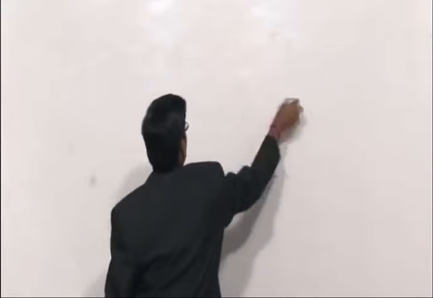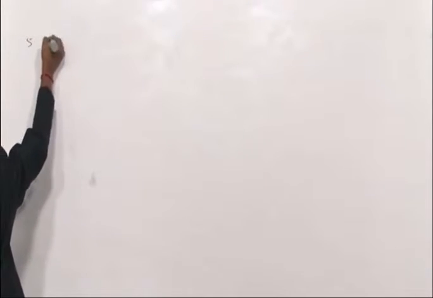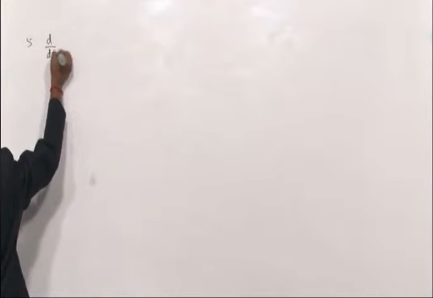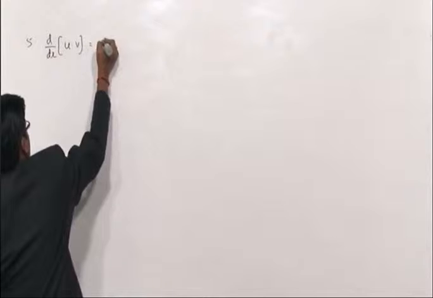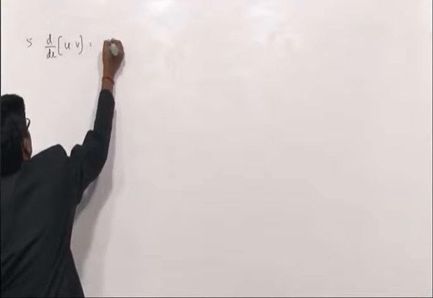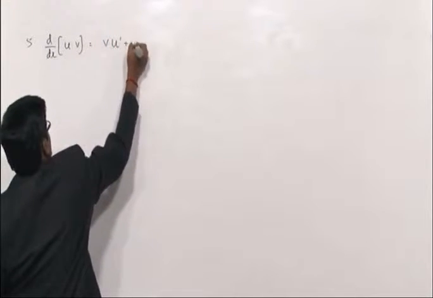And uv and u by v also I am giving for some people, those who are lagging in basics. d by dx of u into v, that is v into u dash plus u into v dash.